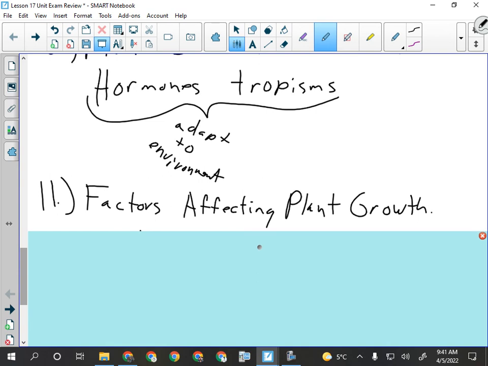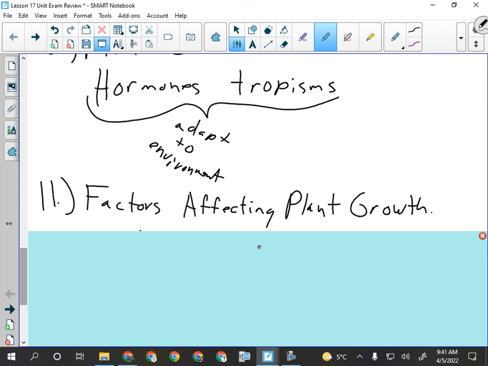Okay, and then the stuff we went over today, factors that affect plant growth. So there'll be some multiple choice about that, but there's also going to be at least one, maybe part of another question in the written response where this will be integrated with the plant hormones.